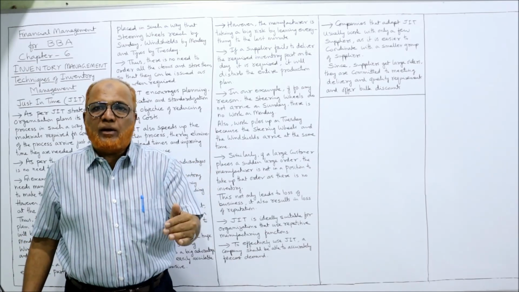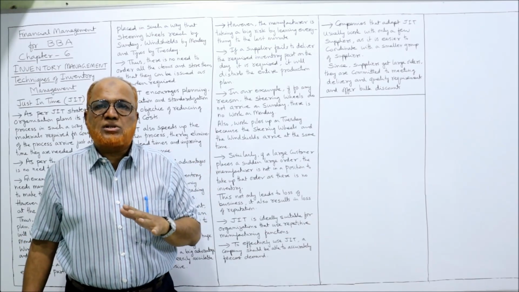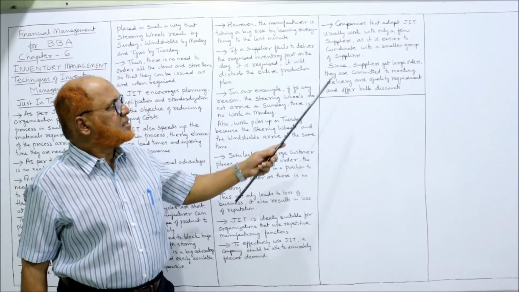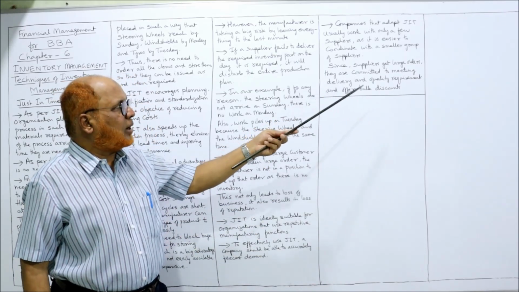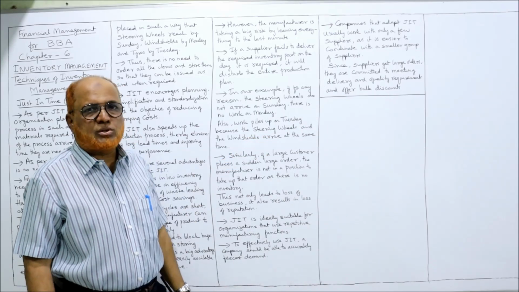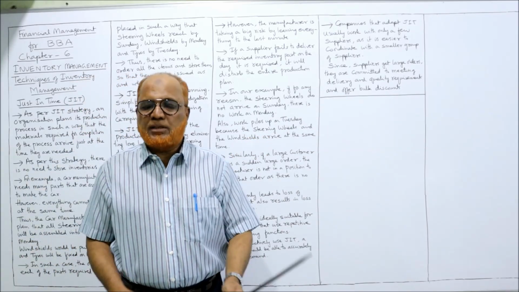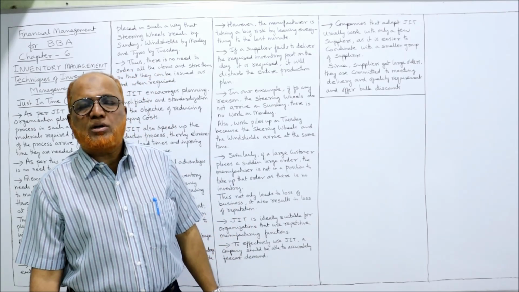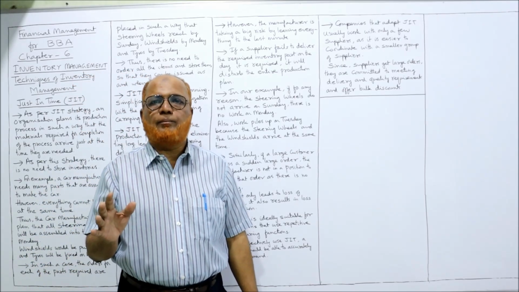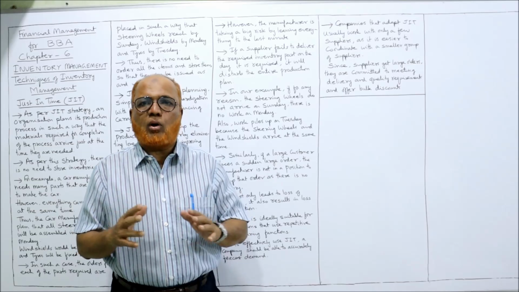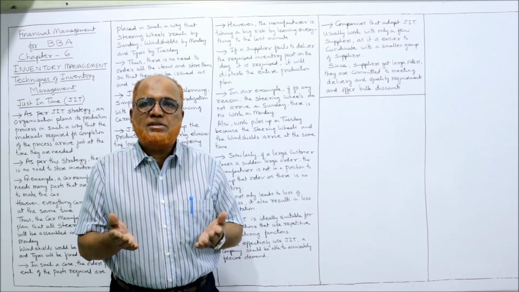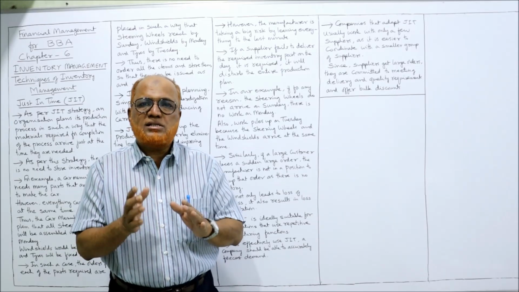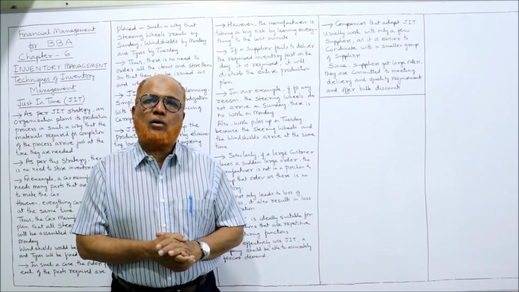If we do not supply on time, the production process will get disturbed. Since suppliers get large orders, they are committed to meeting delivery and quality requirements and offer bulk discounts. The supplier also knows that it is to our advantage, because if we supply on time, then definitely we'll get more orders. We can give trade discount to them. In this way, our business will also grow. This is the contention of the supplier also.